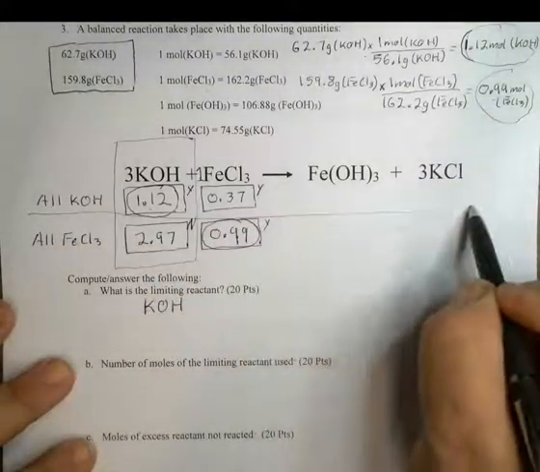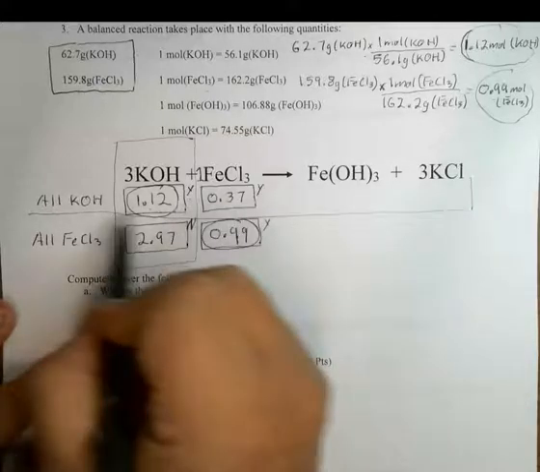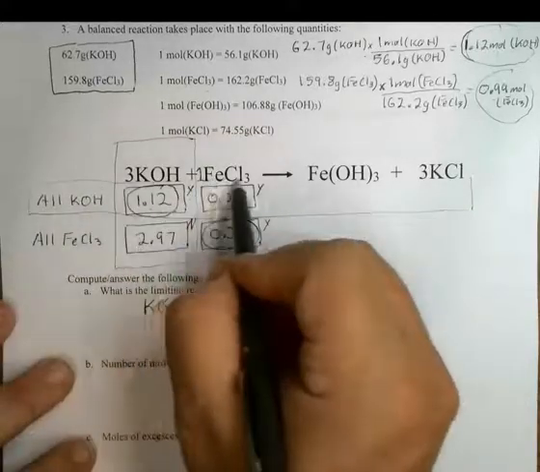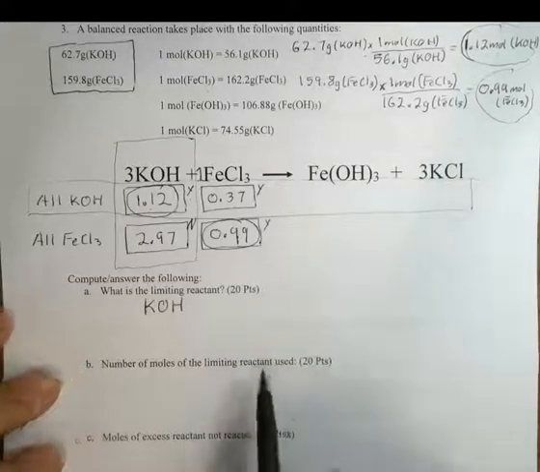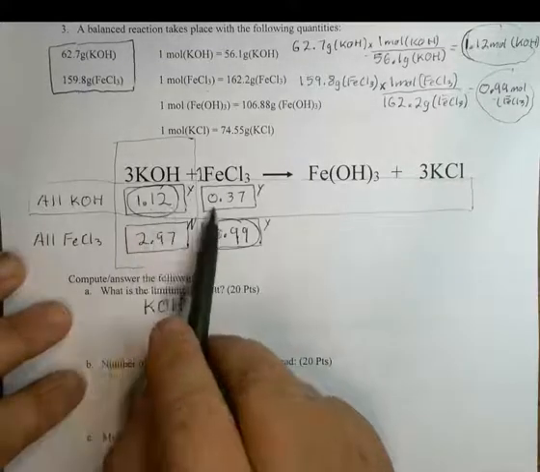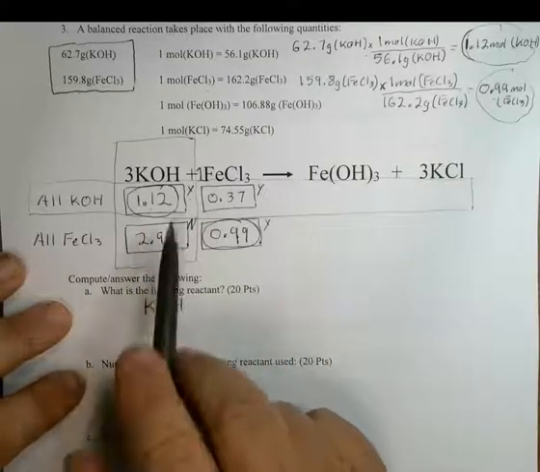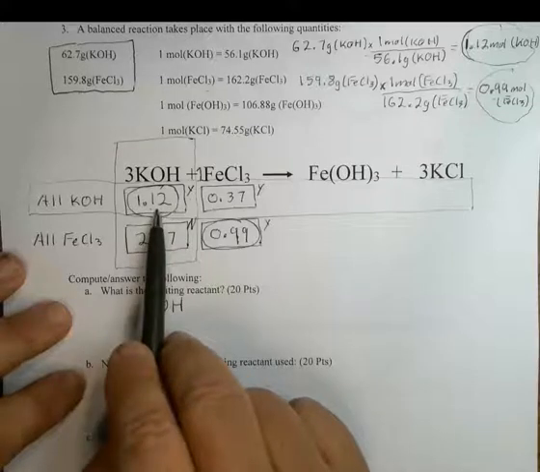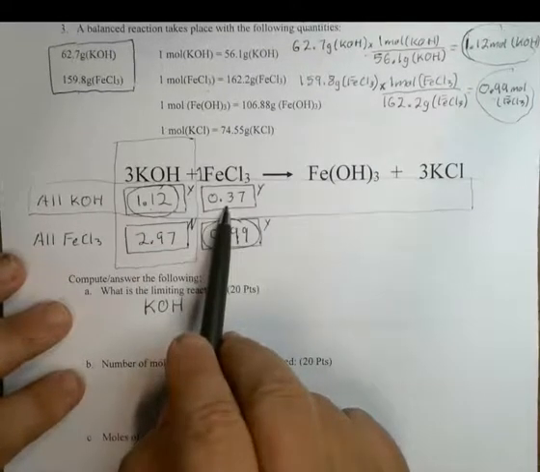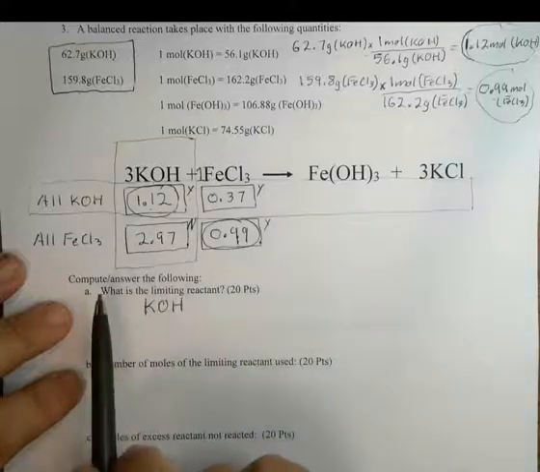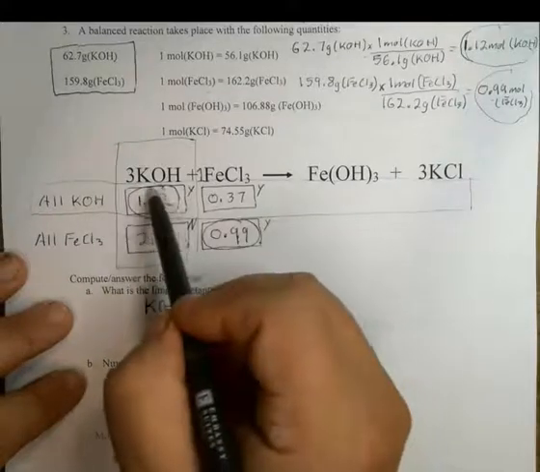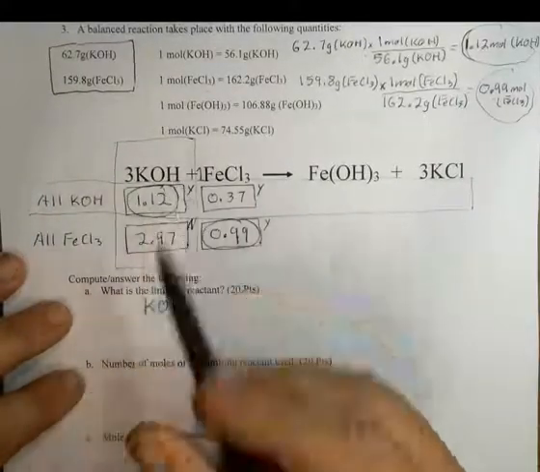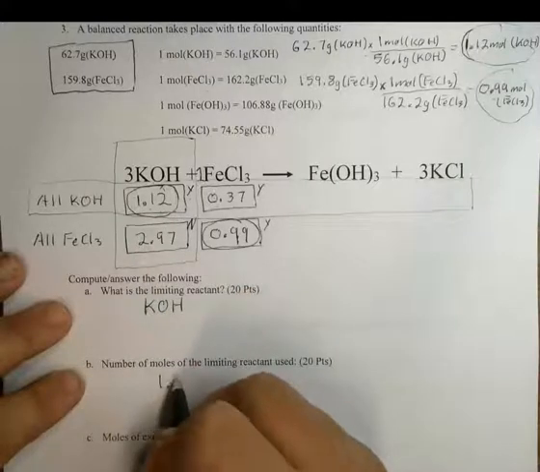It's the one that has the 2 yeses in this row. So this is the reaction that will actually work. This one won't work. In other words, we have this much KOH and we have this much FeCl3, so we can actually run this reaction. So the amount of the limiting reactant that we used to run this reaction was 1.12 moles.